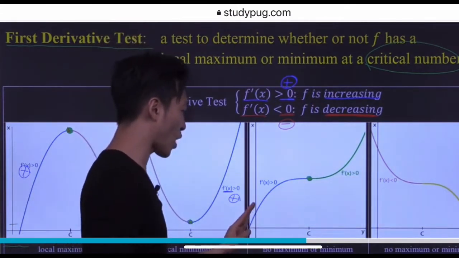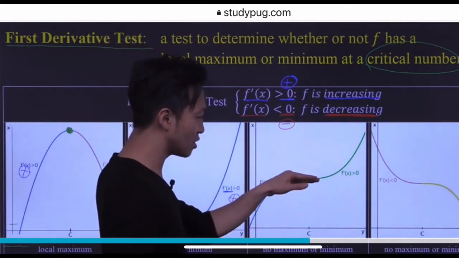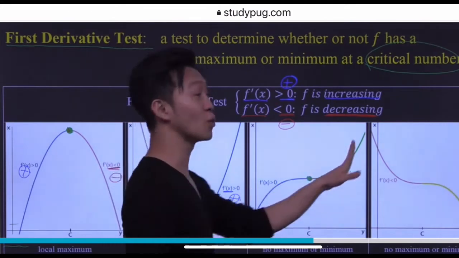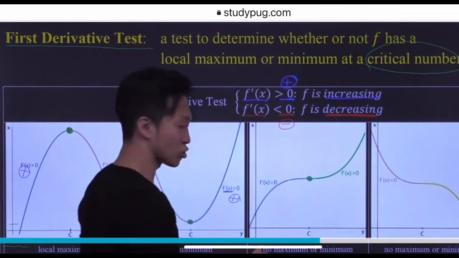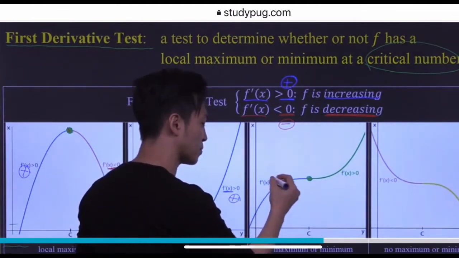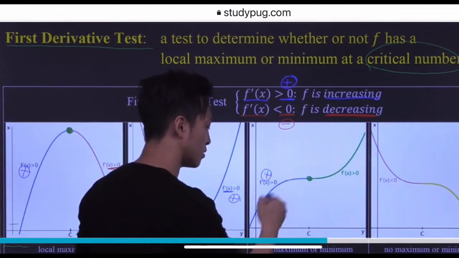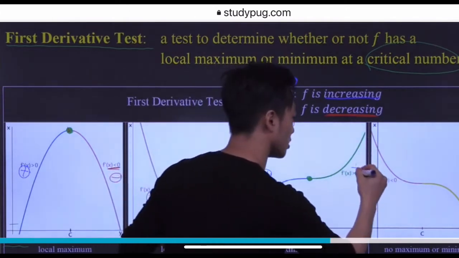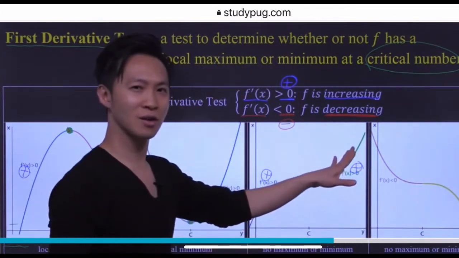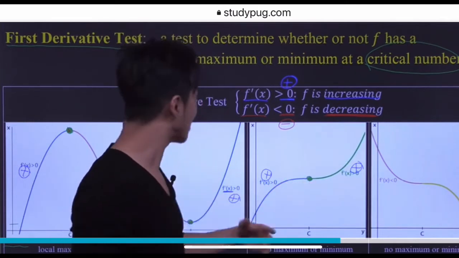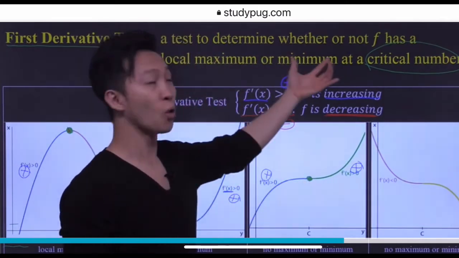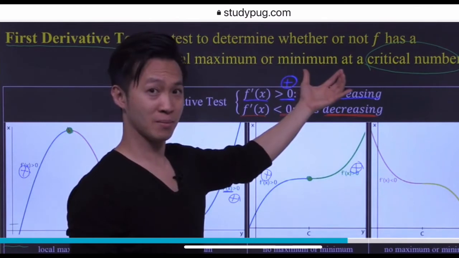So if the graph goes from increasing to increasing, right? So if the first derivative goes from positive to positive. Then what do we have? Then we have nothing, right? Then the critical point is neither a local maximum nor a local minimum, right?